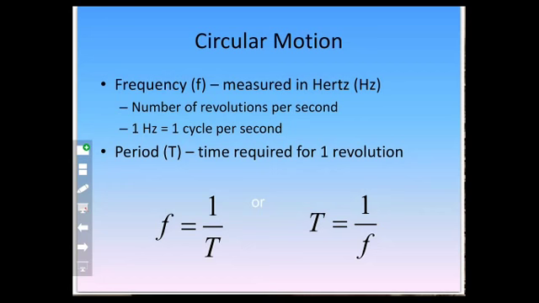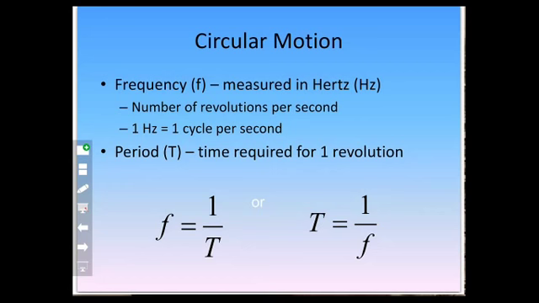The inverse of the frequency is what we call the period, and the period is the time it takes for 1 complete revolution. So if it takes 1 second for an object to travel in a circle, that means that its frequency is 1 and its period is also 1.